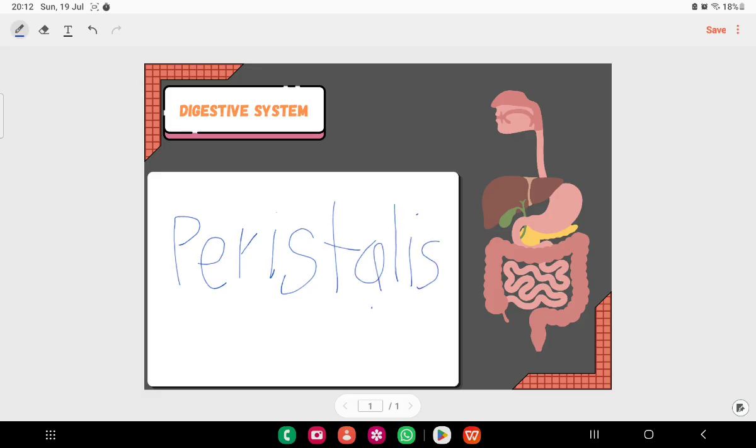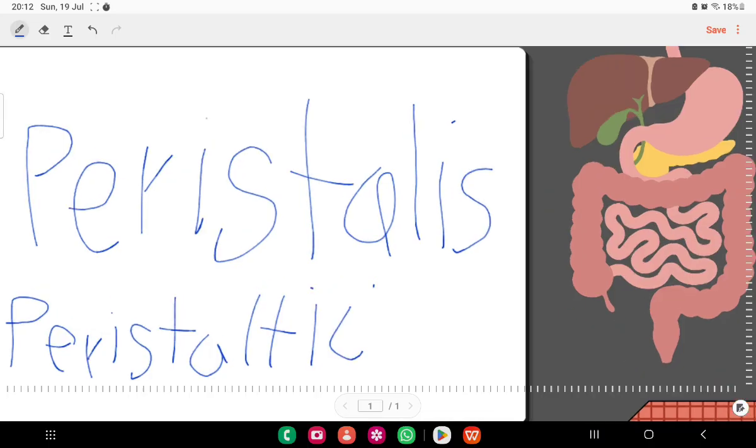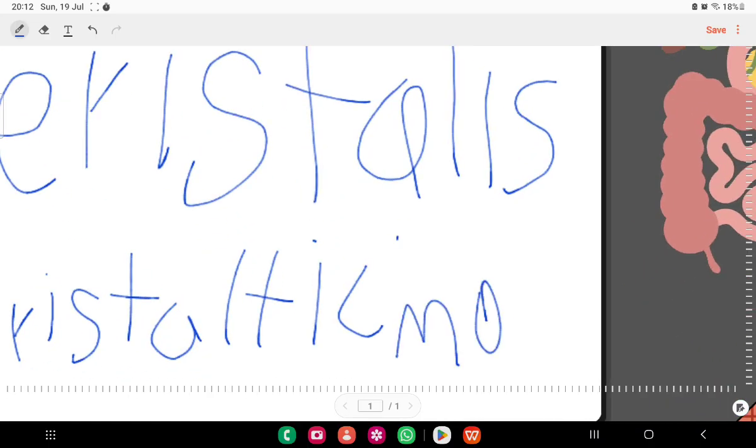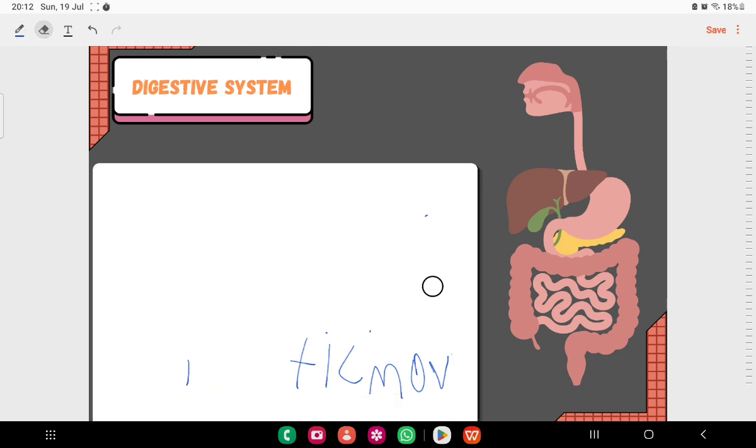Peristalsis, or peristaltic movement. Peristaltic movement. So I hope that you are pretty clear with this.